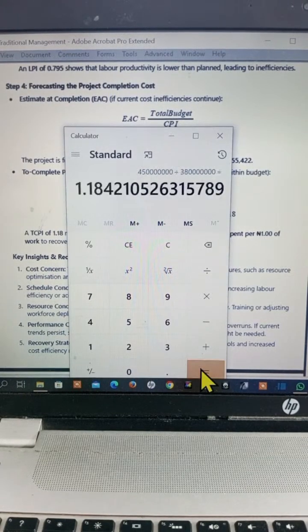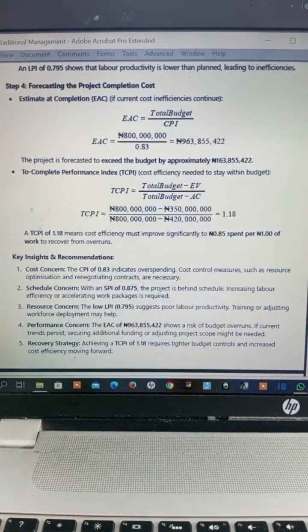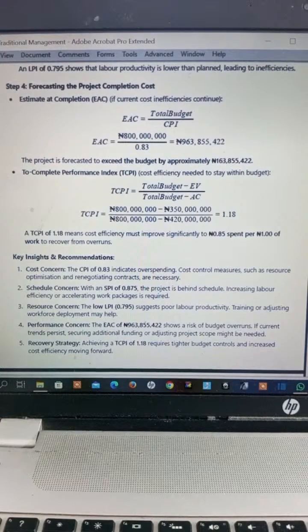What do you have there? 1.18. You know, the 4 is not up to a whole for us to convert. So look at that. That's what we had here. Okay? So is it understood now? That's why we had this.